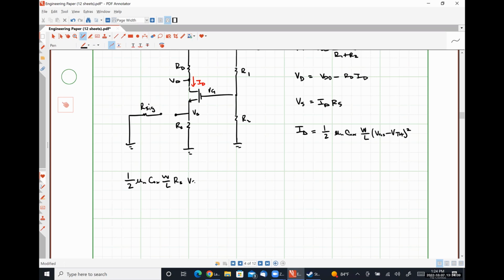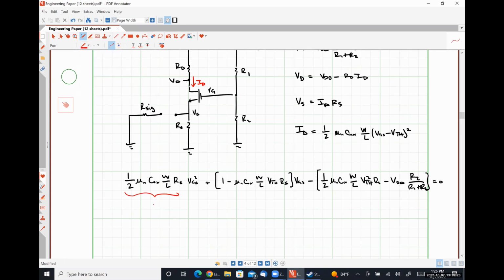RS times VGS squared plus 1 minus mu n Cox W over L VTH times RS times VGS minus 1/2 mu n Cox W over L VTH squared RS minus VDD times R2 over R1 plus R2 is equal to 0, where the first term is coefficient A, the second is coefficient B, and the last is coefficient C.